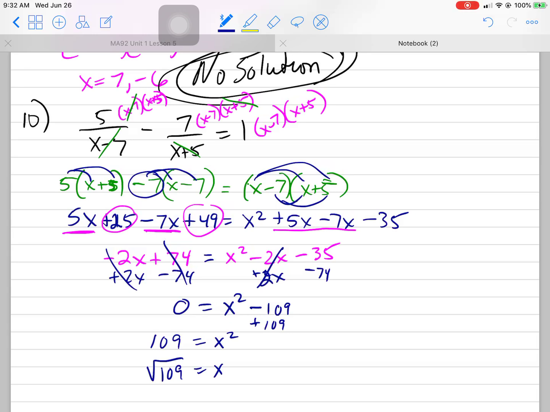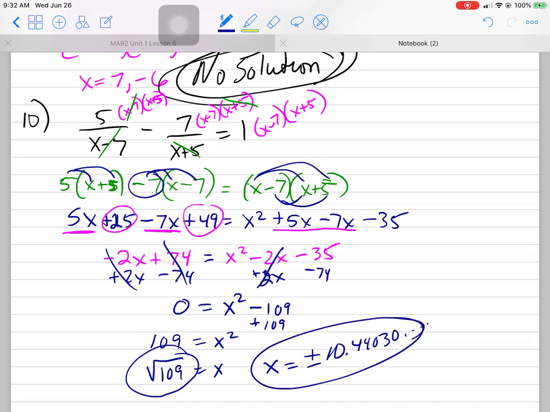Put it in your calculator. And you're going to get a run-on decimal. But when you take the square of things, you want to take the positive and the negative. So put that in your calculator. You should get 10.44030, and it's going to keep on going. Okay? That's what you're going to have to put as an answer, and that's what the homework wants.